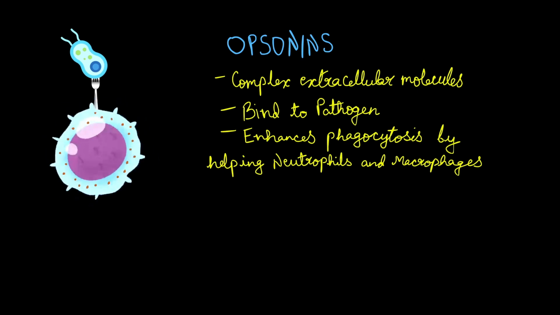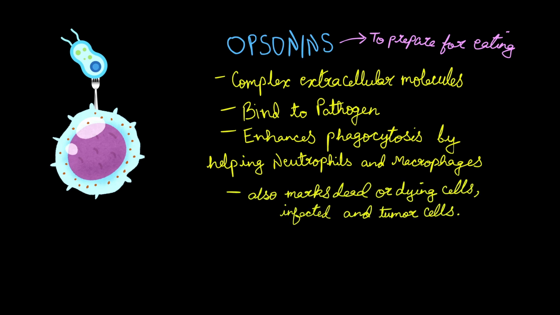You can think of them a bit like a fork that pierces the pathogen so that a macrophage can attach to the other end of the fork and then use it to eat the pathogen. The word itself means to prepare for eating in Greek. Apart from marking pathogens, opsonins also mark dead or dying cells as well as infected and tumor cells. Antibodies are an excellent example of opsonins.